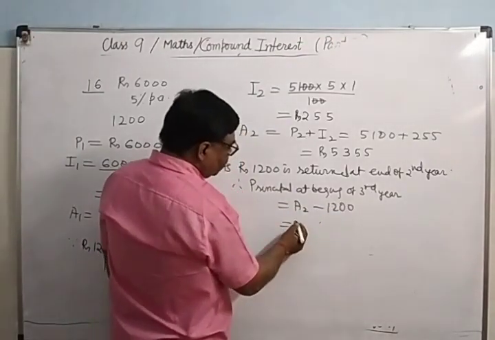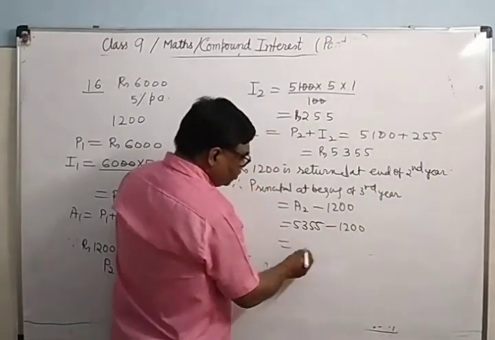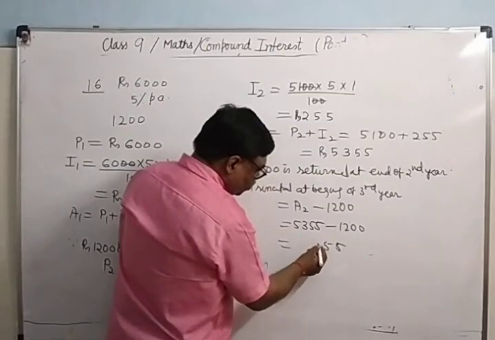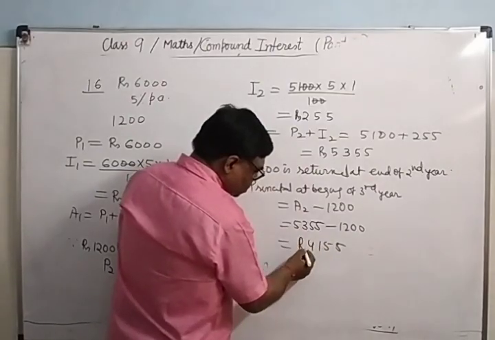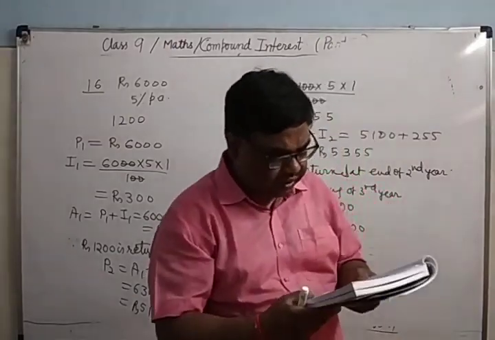So this is equal to 5,355 minus 1,200, which is rupees 4,155. So this way you will calculate. It's clear?